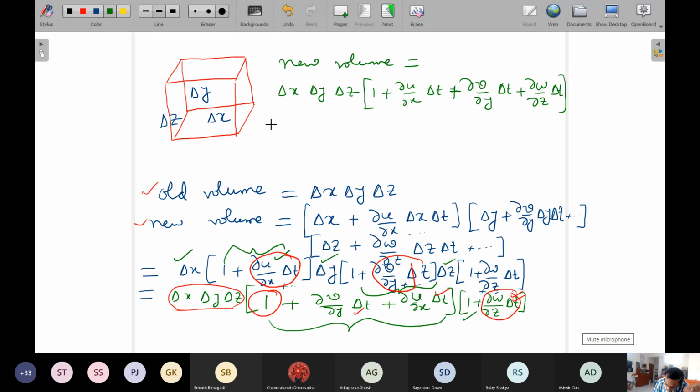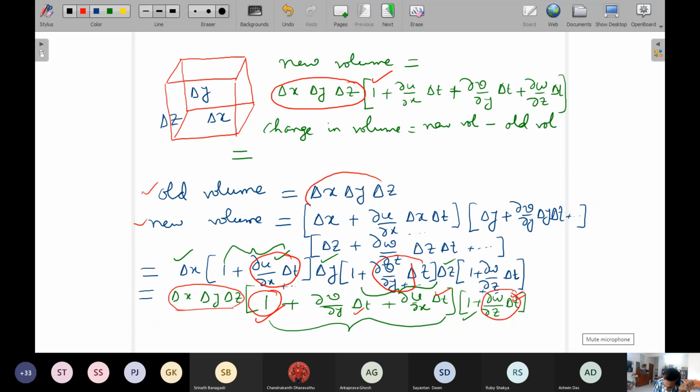So change in volume is new volume minus old volume. When you say new volume minus old volume, you have this one, and you subtract this one.